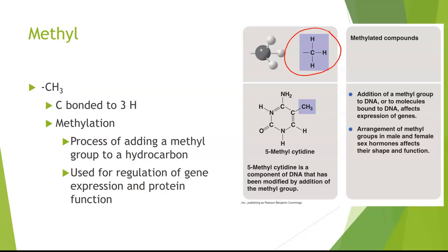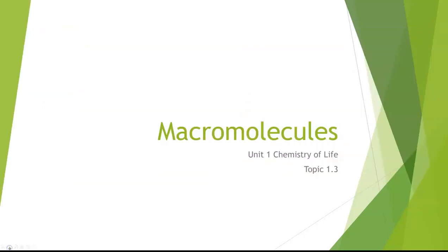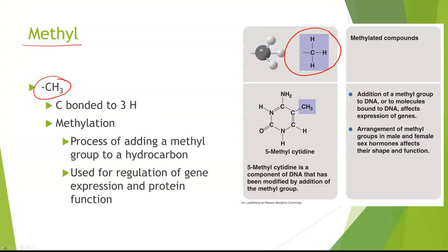So we will talk about this quite a bit when we talk about DNA and protein synthesis. But for now, a methyl group is CH3. And that is the end of that section for now.